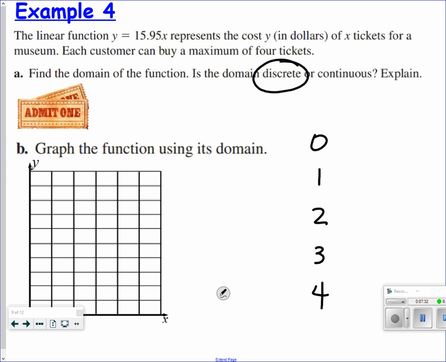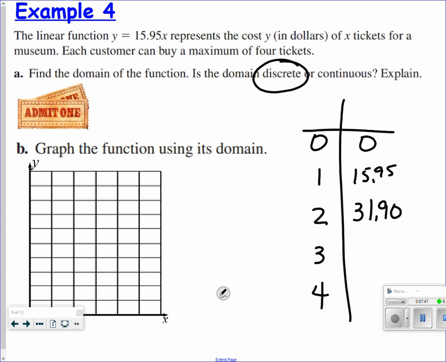So if you don't buy any tickets, you don't spend any money. If you buy one ticket, that would be $15.95. If you buy 2 tickets, $31.90. If you buy 3 tickets, $47.85.